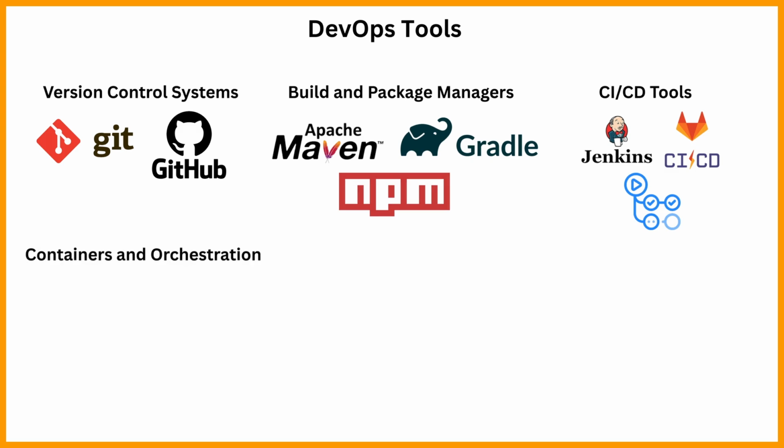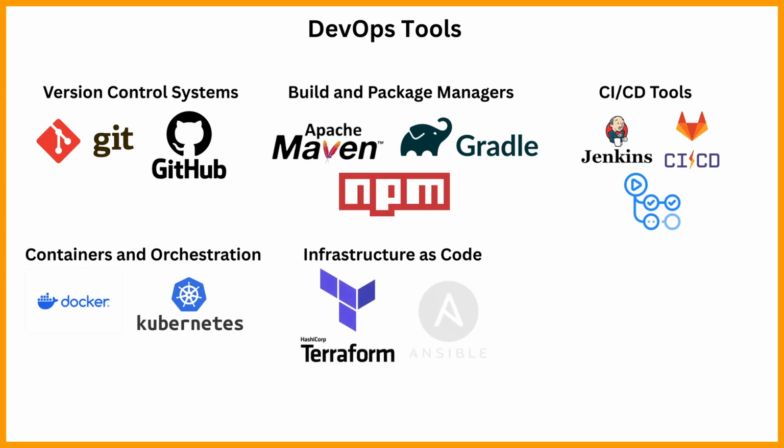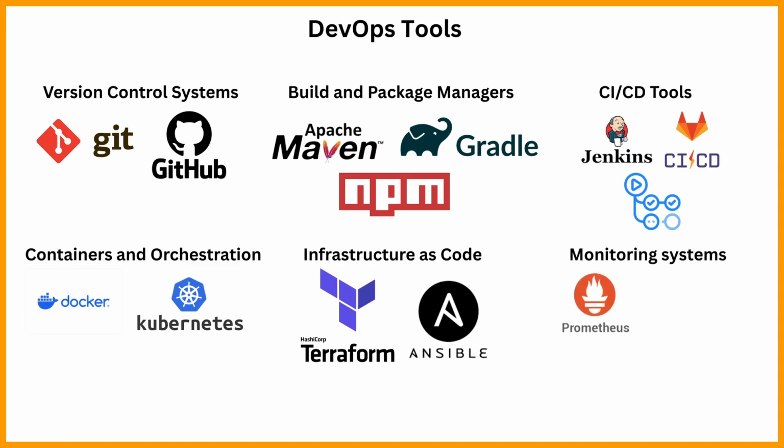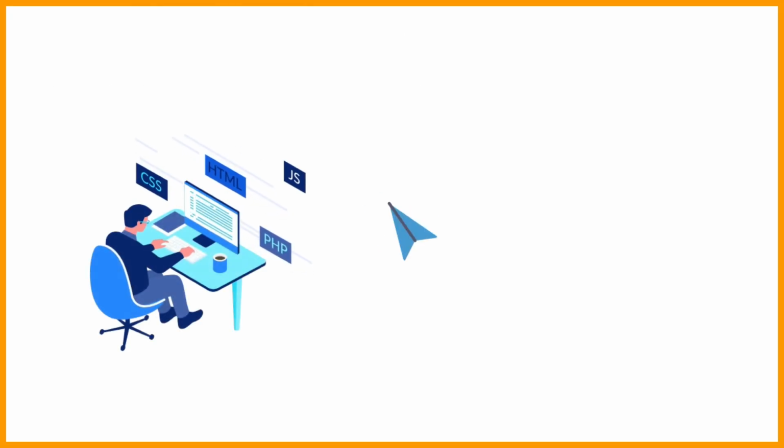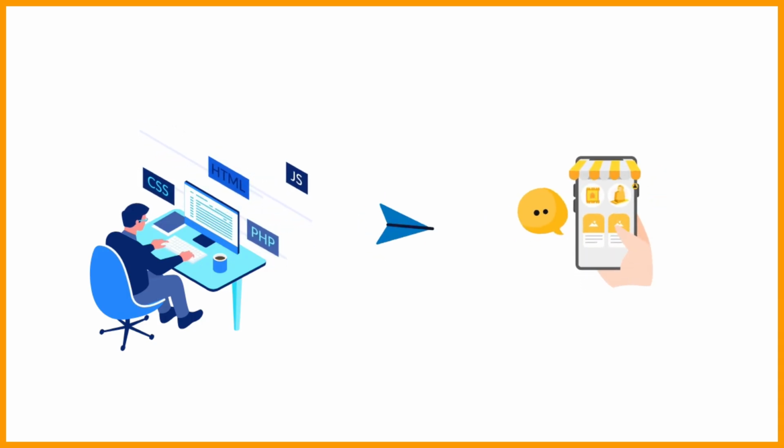Containers and orchestration tools like Docker and Kubernetes manage environments efficiently. Infrastructure as code tools like Terraform and Ansible allow teams to spin up entire environments with code. Monitoring systems like Prometheus, Grafana, or Nagios track performance in real time. Together, these tools form a pipeline that can go from code commits to production deployment in minutes, not days.